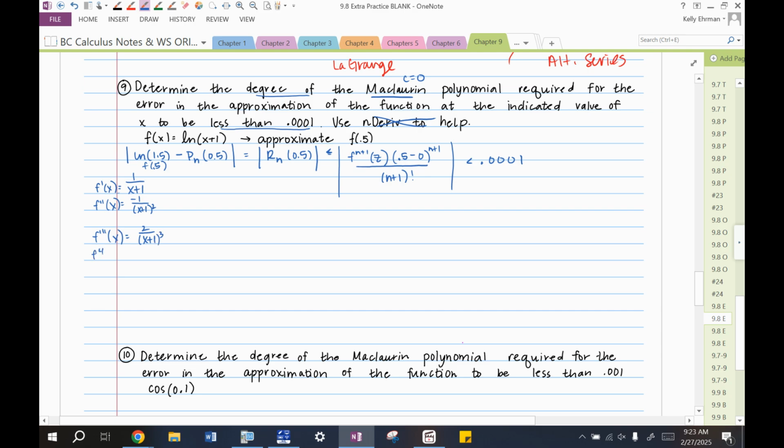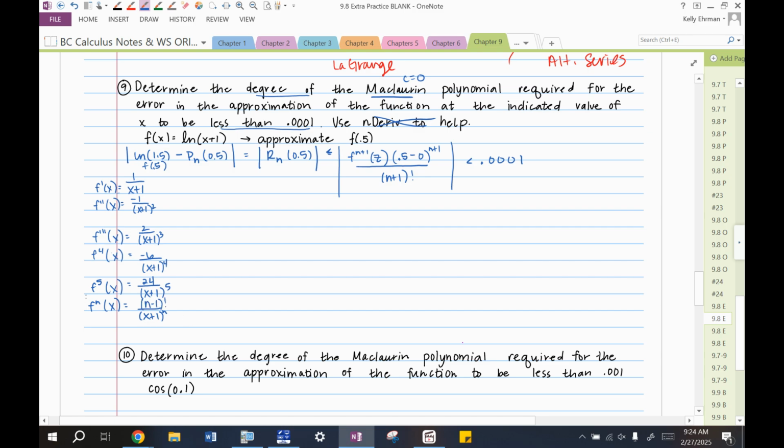And maybe we've done ln's a few times, so maybe you remember it's something about a factorial. So do as many as you need to see the pattern. I'm going to do one more: 24 over x plus 1 to the fifth. So always come up with the nth term derivative first. So how do these relate? It's over x plus 1 to the n, and then the top number is the factorial, the n minus 1 factorial.